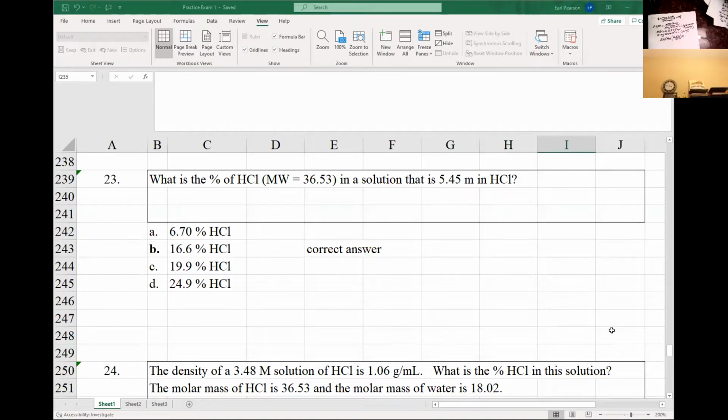So it's 5.45 times 36.53. And that's 199.0885. Let's make this bigger again so you can see it.